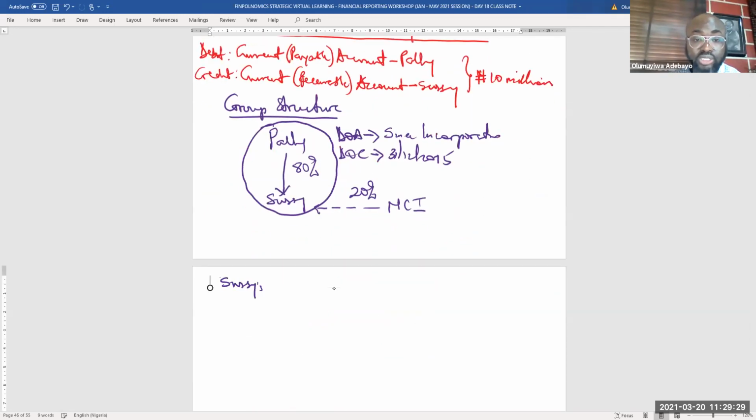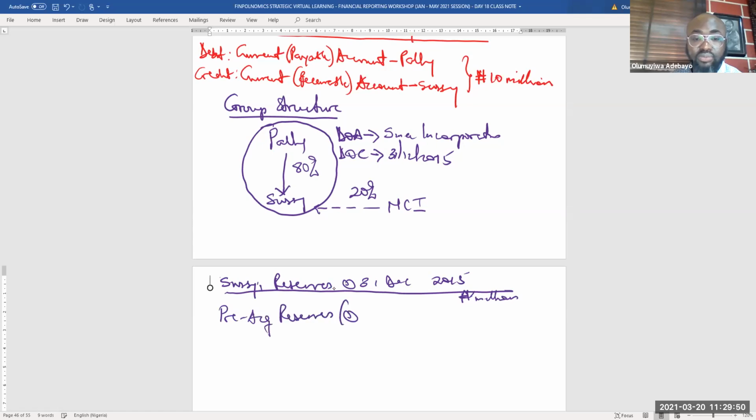Susie's reserve as at the end of the year can be split into pre-acquisition, which in this case is as at incorporation. And we all know that upon incorporation, no company is born with profit.